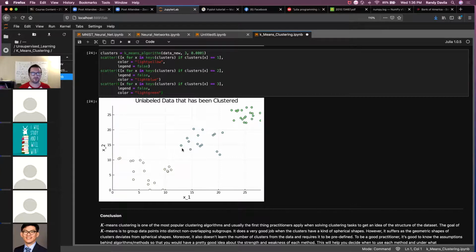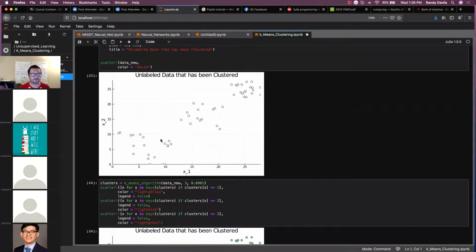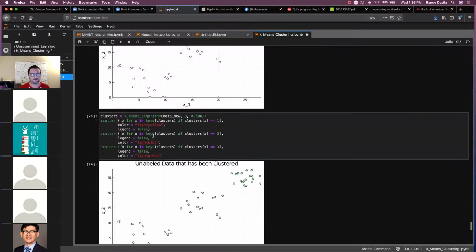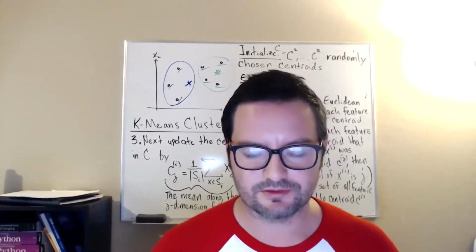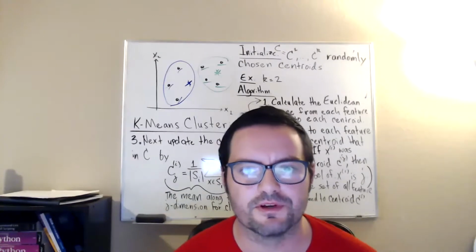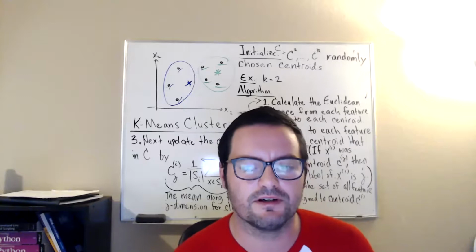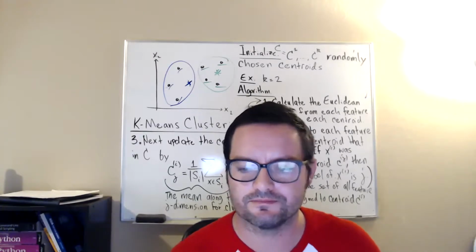I'll post a video on Blackboard describing that rule so that you can see how your choice of K changes with this rule. Okay, so that is K-means clustering, the gist of it. I'd like for all of you to program this yourself, and then also go out and try to find some data that you can test your code out on.